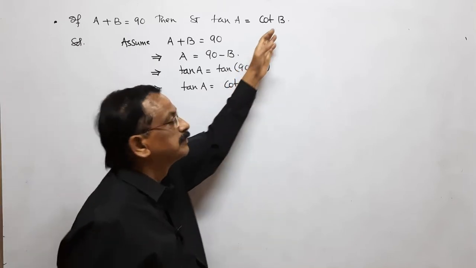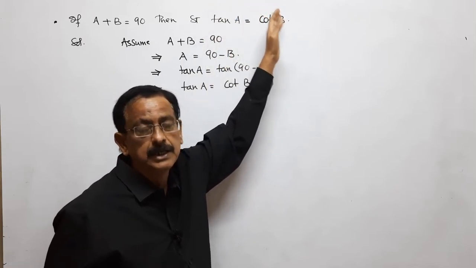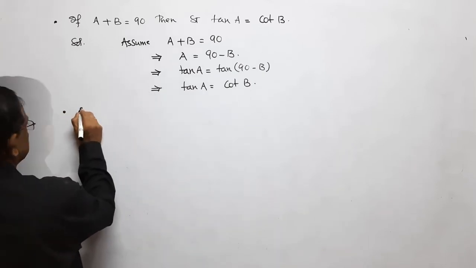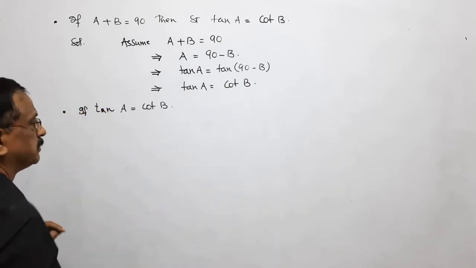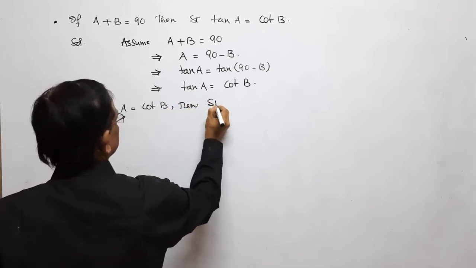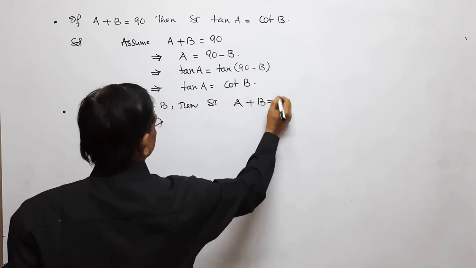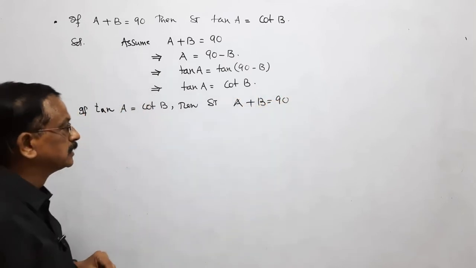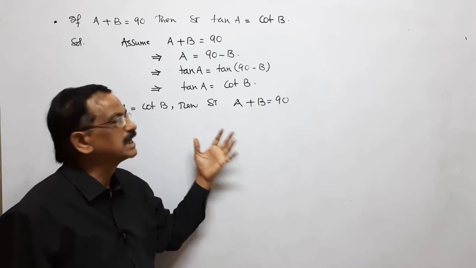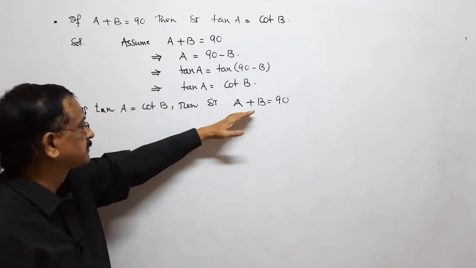Can we prove the other way around? That means whenever tan A is equal to cot B, is A plus B 90? Let us do that one. Tan A is equal to cot B. Then show that A plus B is 90. Before proving this, I would like to see a deeper insight on this.